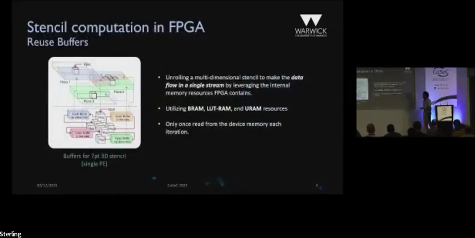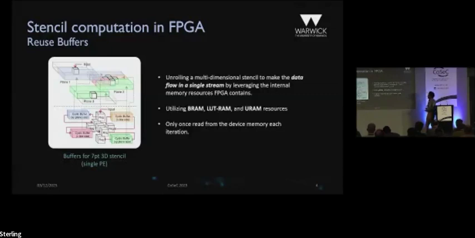In past works, there were a few types of optimization. For example, a 3D stencil can be broken into one dimension where you read from a particular point from memory, but you don't need to read these values from memory again, because you already put this data into the pipeline.